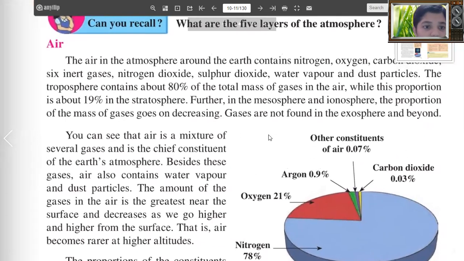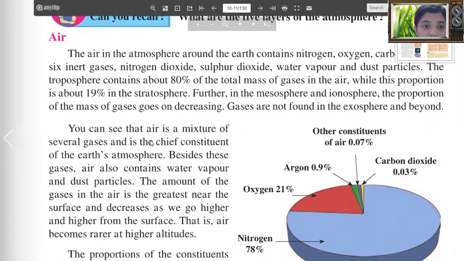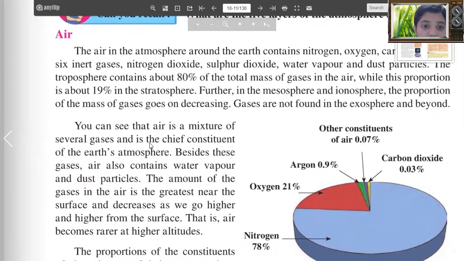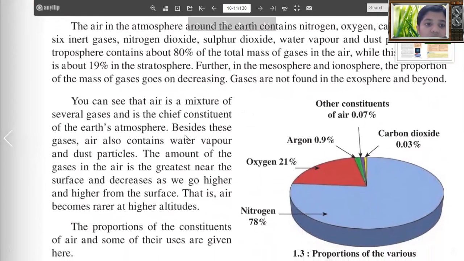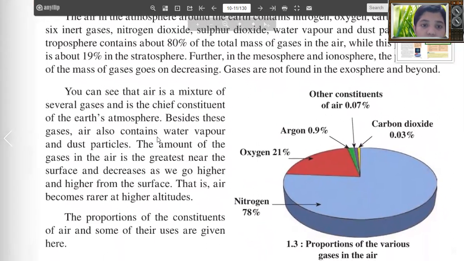Yes. You can see that air is a mixture of several gases, and it is the chief constituent of the Earth's atmosphere. Besides these gases, air also contains water vapor and dust particles.